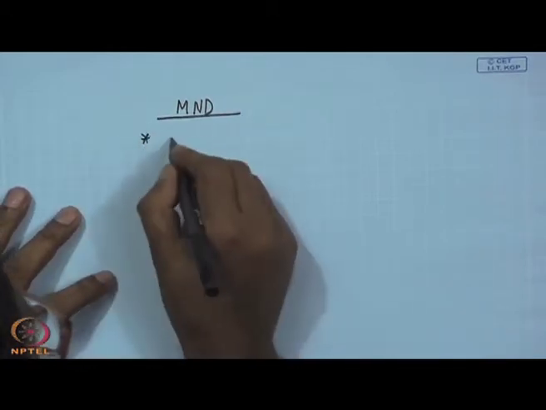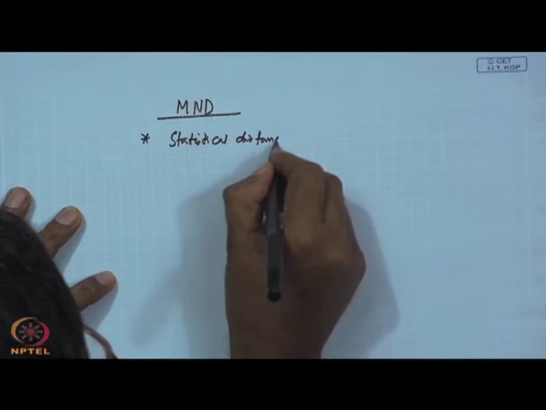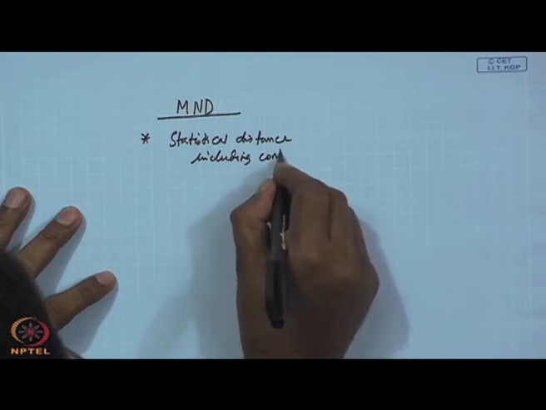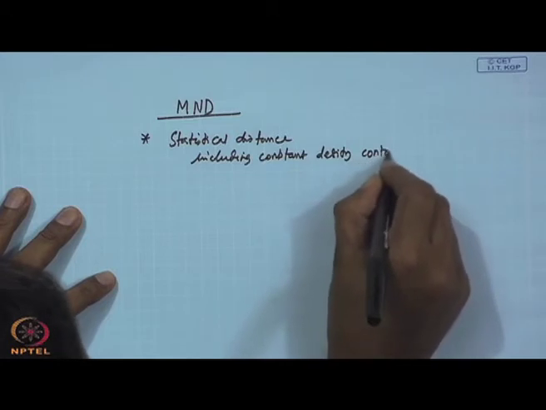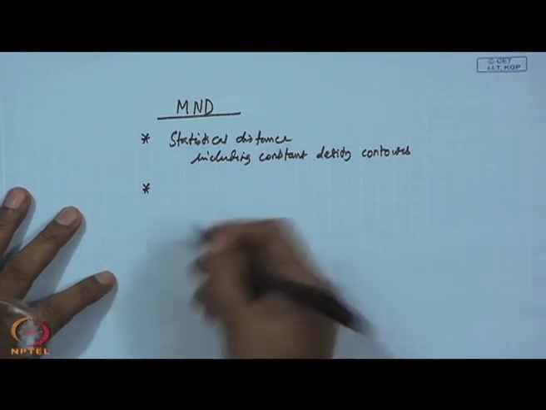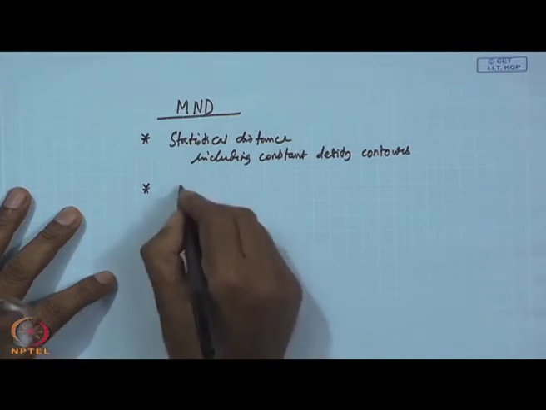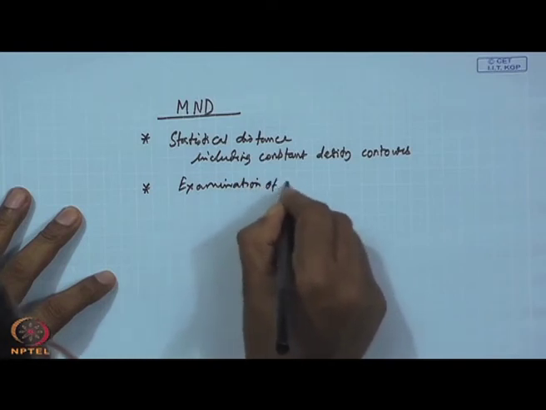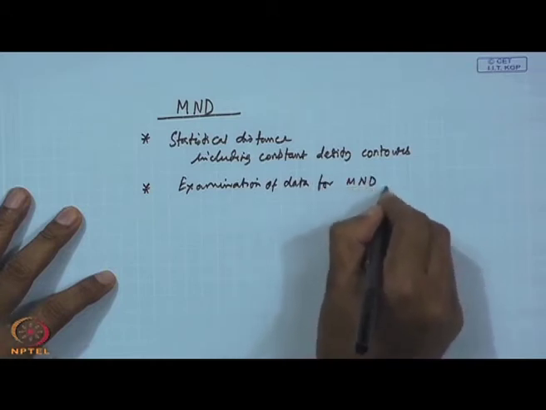One is statistical distance, including constant density contours, and then we will see how to determine whether your data is multivariate normal, that is, examination of data for multivariate normality.